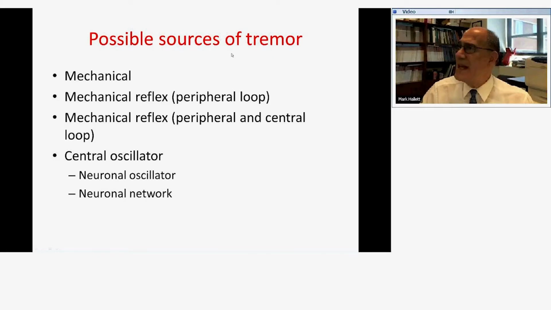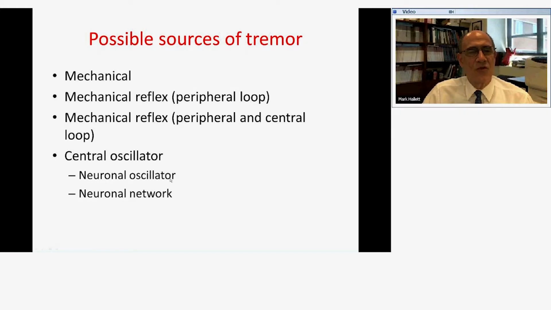So in terms of possible sources of tremor, it can be purely mechanical. It can be what's called mechanical reflex, where you have a combination of these mechanical properties and the peripheral loop. Or it can be from a central loop as well, so you can have a peripheral loop just with the spinal cord or even longer loops. Or you can have a central oscillator, and central oscillators can be of two types.